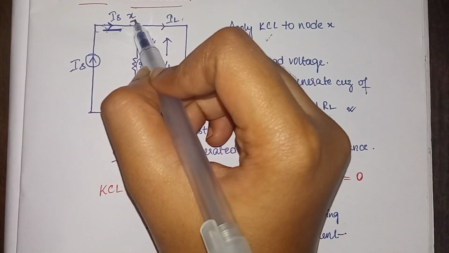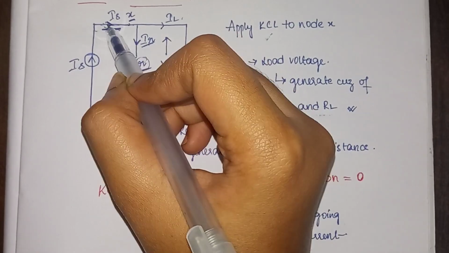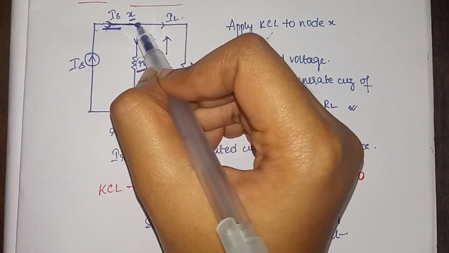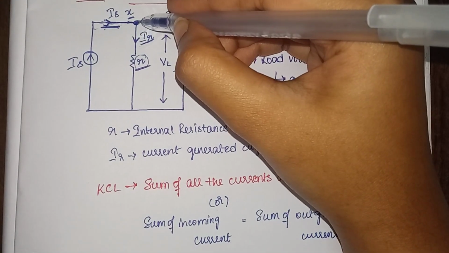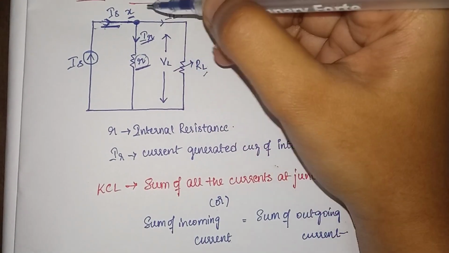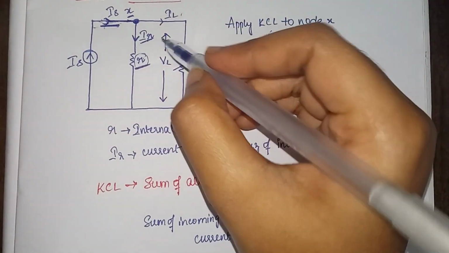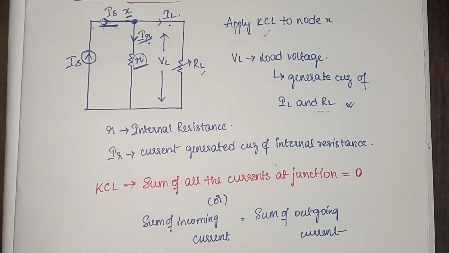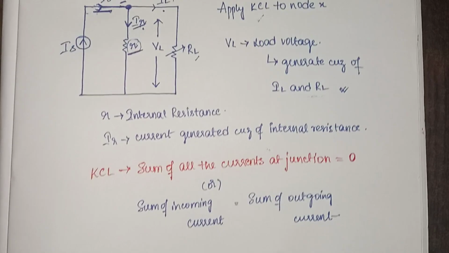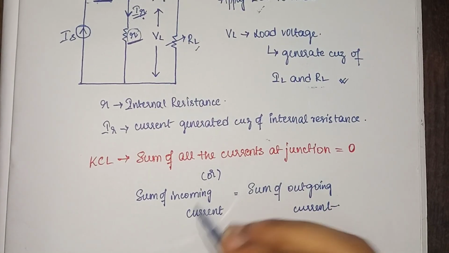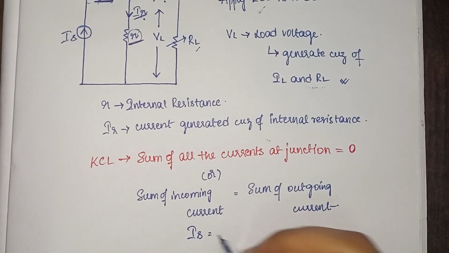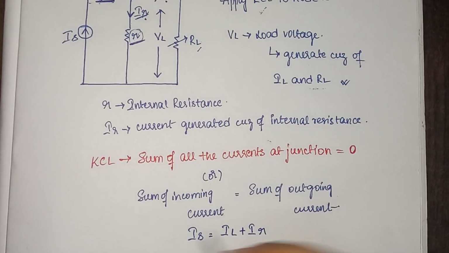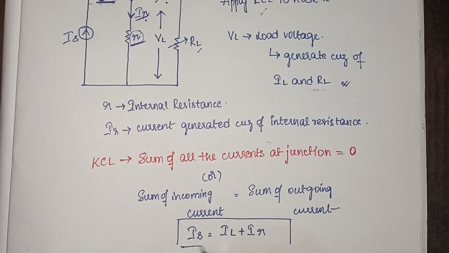So node X, this IS travels towards node X. Once I reach node X, the current becomes outgoing current, meaning IR is outgoing and IL is outgoing. So we can say IS is equal to IL plus IR. Simple, that's it.